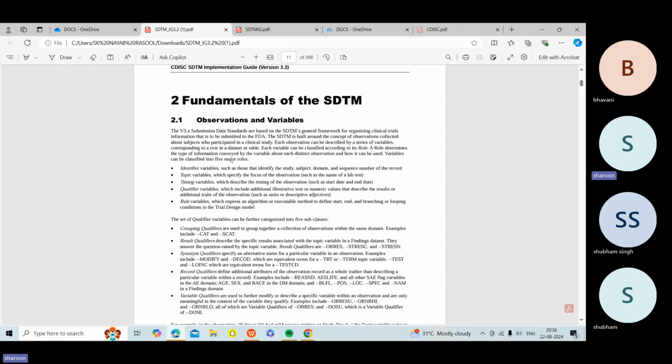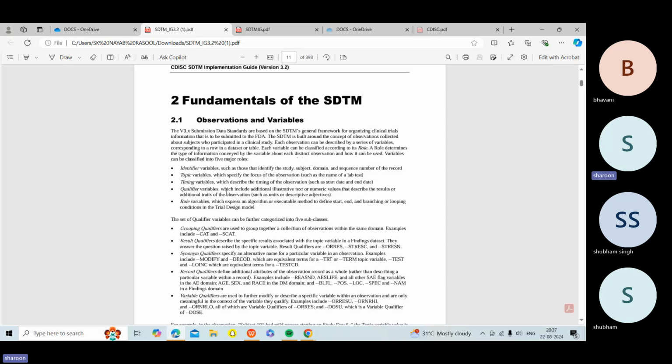Variables can be classified into 5 major roles. Identifier variables, such as those that identify the study, subject, domain, and sequence number of the record. Topic variables, which specify the focus of the observation, such as the name of the lab test. Timing variables, which describe the timing of the observation, such as start date and end date.